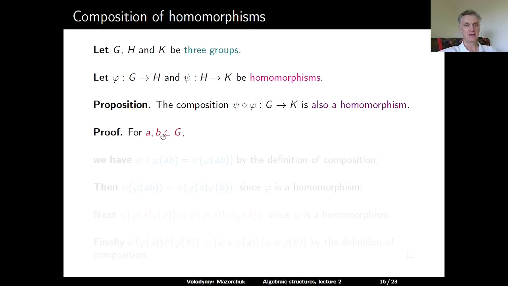Proof: let A and B be two elements in G. Then, if we apply the composition of psi after phi to AB, by definition this is psi applied to phi of AB.